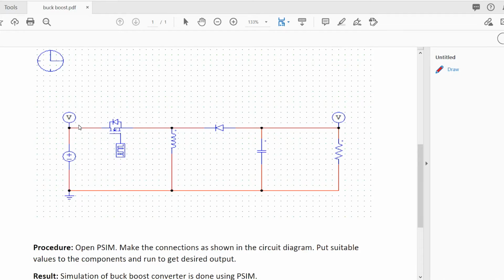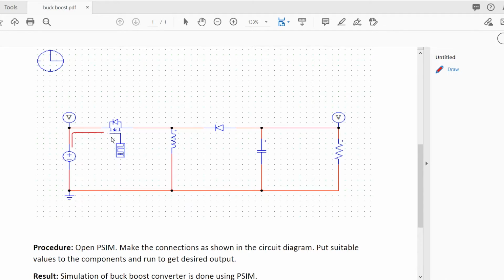Okay, so let's discuss the working of it. At the first instance, from this supply, the current will flow from here in this direction. Suppose the MOSFET, the switch, is turned on.